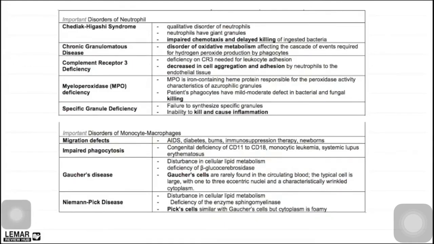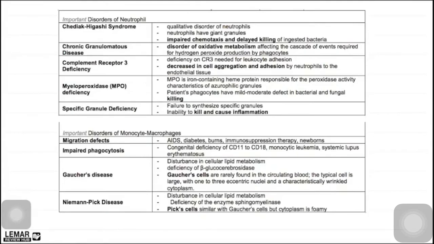Another disorder involving neutrophils is CGD, chronic granulomatous disease. This involves defective oxidative metabolism, affecting the cascade of events required for hydrogen peroxide production by phagocytes.